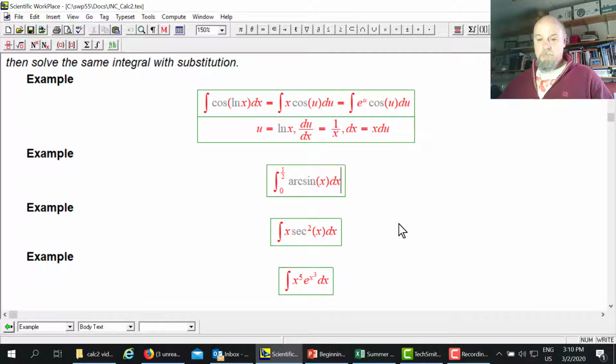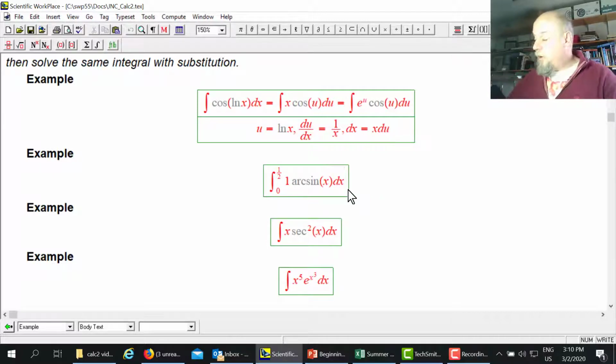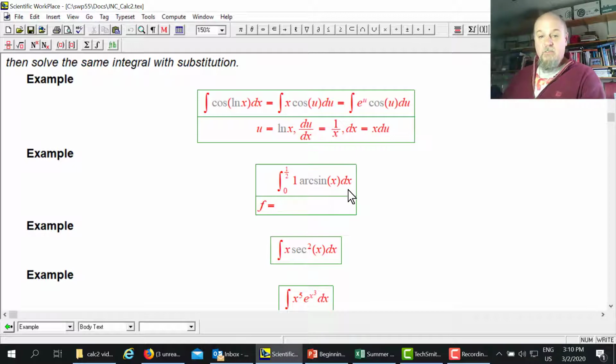Next example, because I promise these ones will be quick. I want to integrate arc sine. I know how to differentiate arc sine, but I don't know how to integrate it. So that's one of those cases where we'll throw a 1 in front so that I have two parts. We have a piece to differentiate, that's the arc sine, and a piece to integrate, that's the 1.